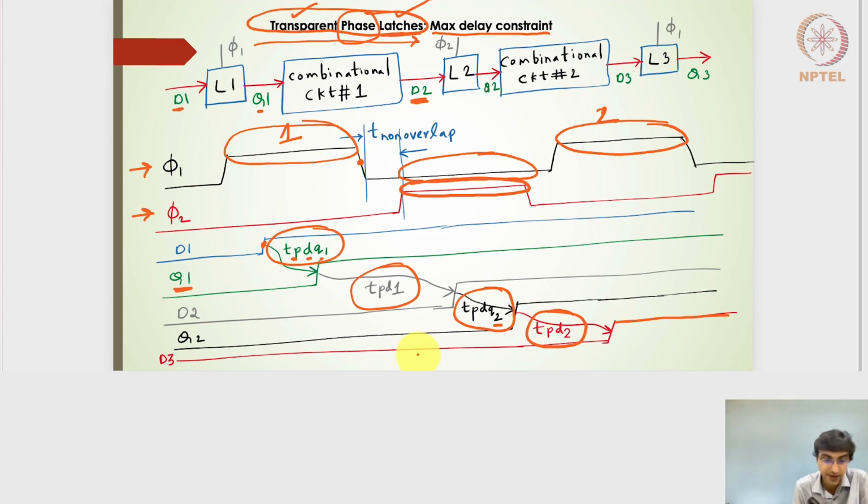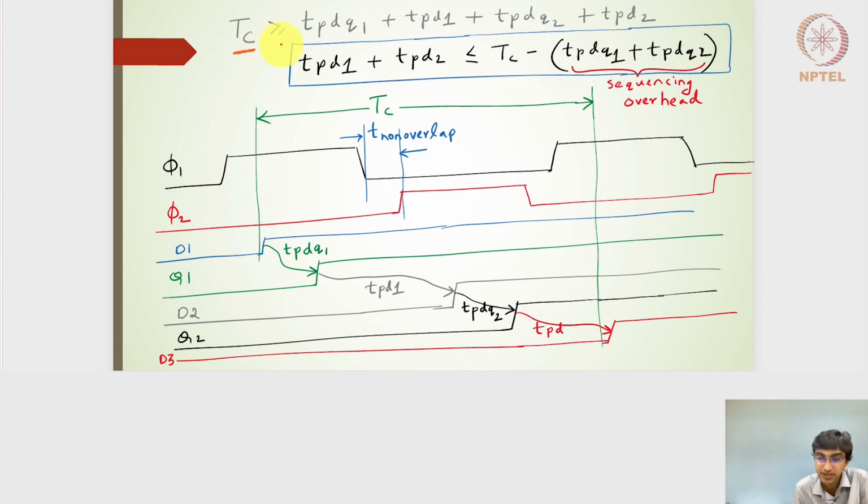So TC, the clock time period, turns out to be TPDQ1 plus TPD1 plus TPDQ2 plus TPD2, and anything greater than that will be my clock time period.